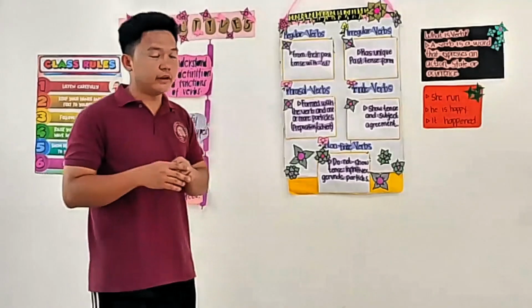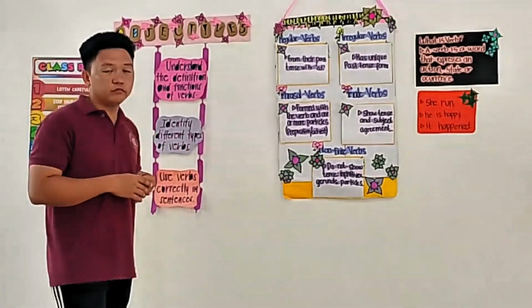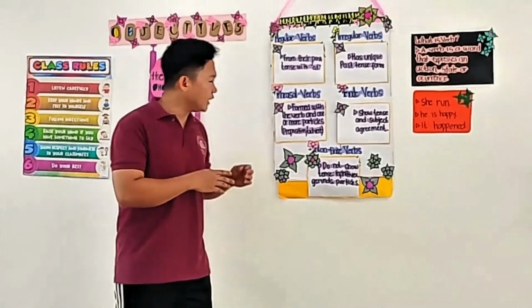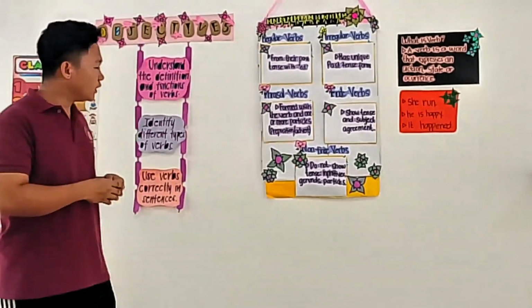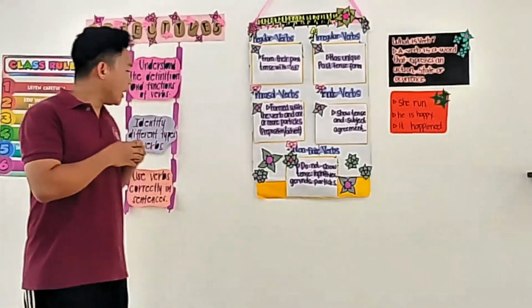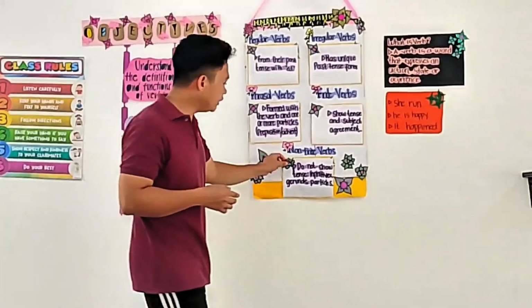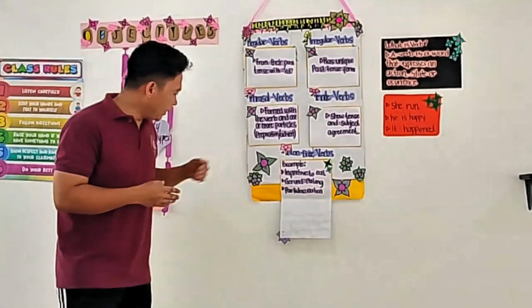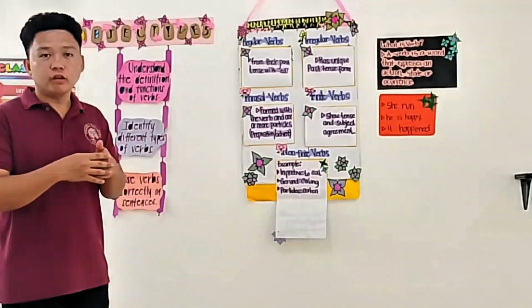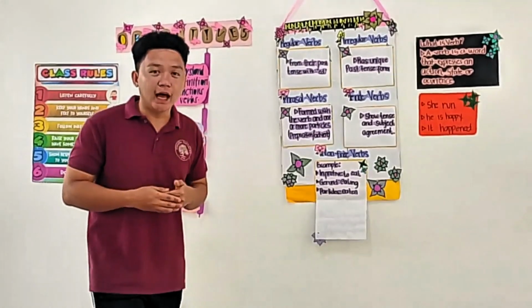Now let's proceed to the next type of verb. The last type of verb is the non-finite verb. The definition is that it does not show tense: infinitives, gerunds, and participles. So here is the example. The example is the infinitive, which means gagawin pa lang nila.